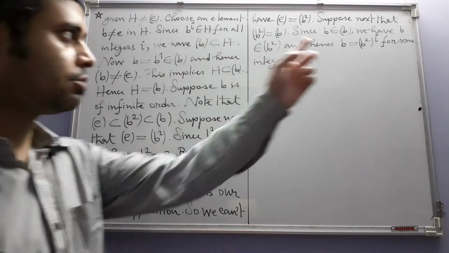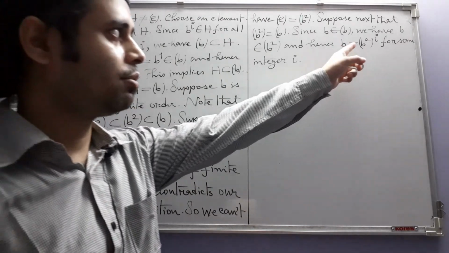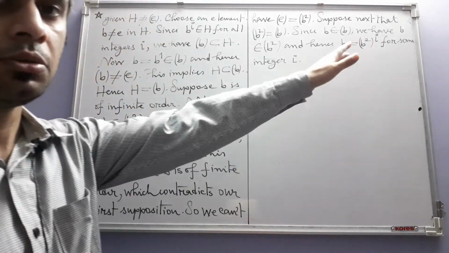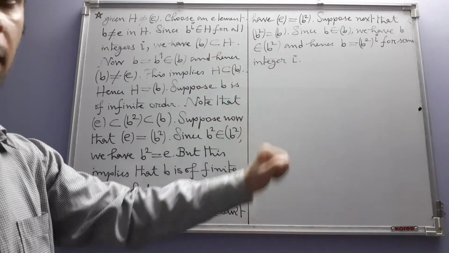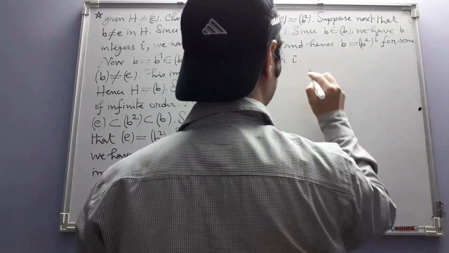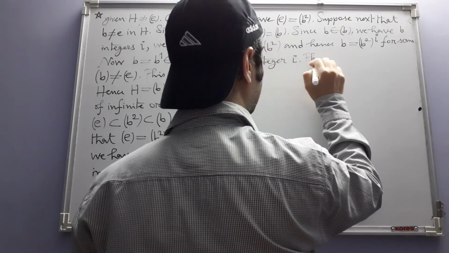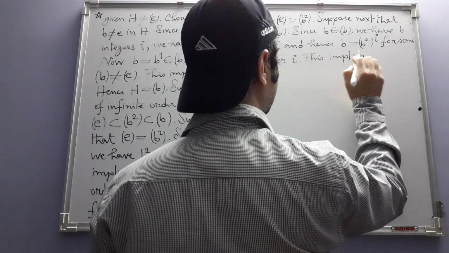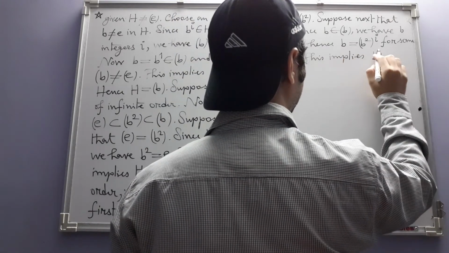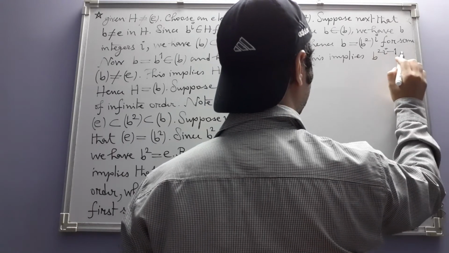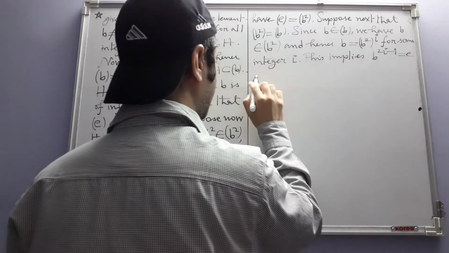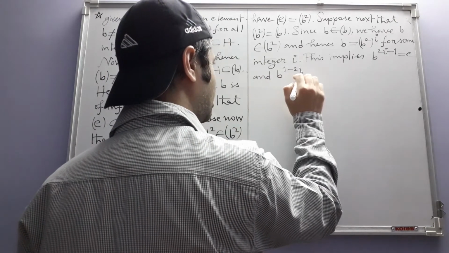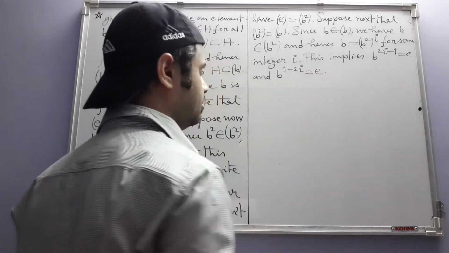Okay. Now what do we get from this equation? If you apply one of the rules of exponent, you will get B equal to B to the power 2I. From there you will get these two things. This implies B to the power 2I minus 1 equal to identity, and B to the power 1 minus 2I is also equal to identity.